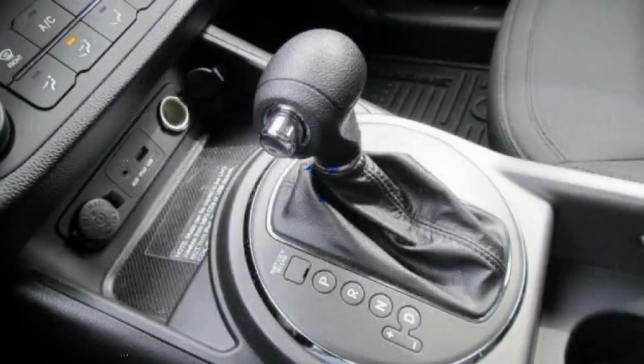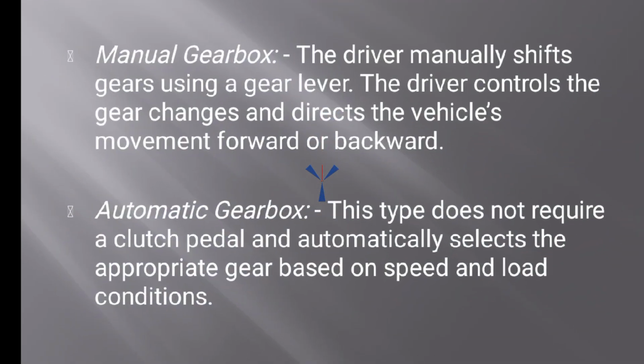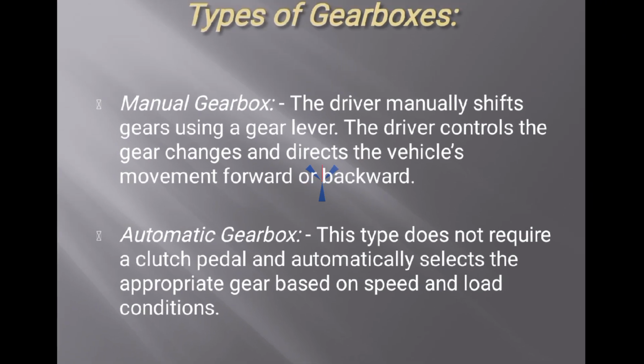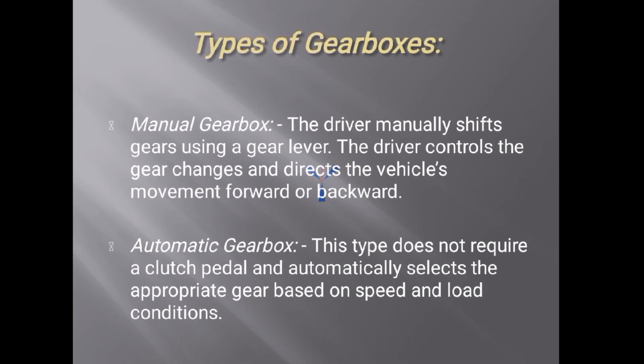However, an automatic gearbox doesn't require a clutch pedal. They don't have it, and it automatically selects the appropriate gear based on speed and road conditions. As you know, most modern cars use this system, so I hope you are already familiar with it.